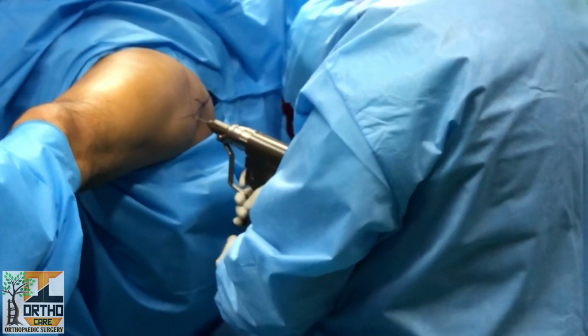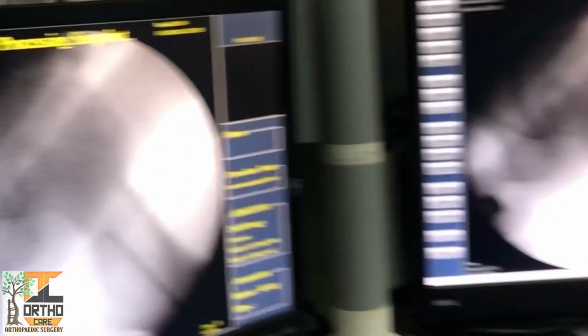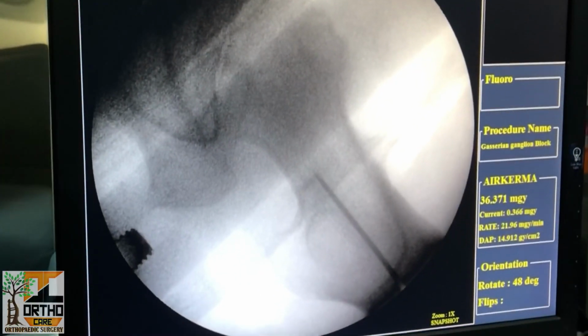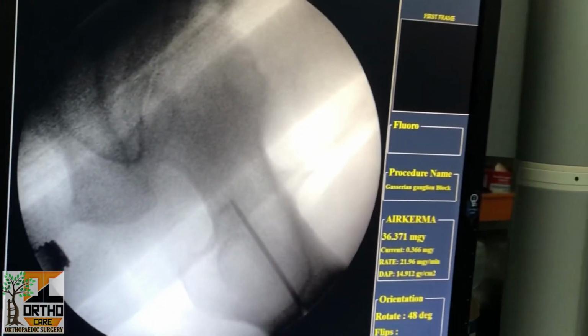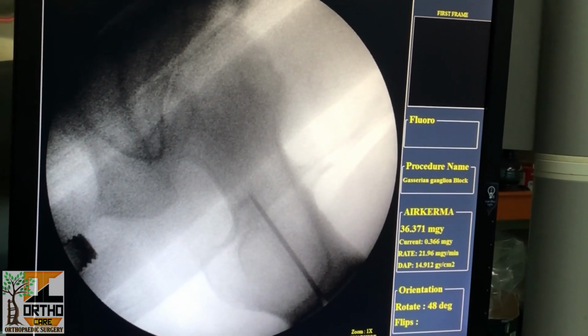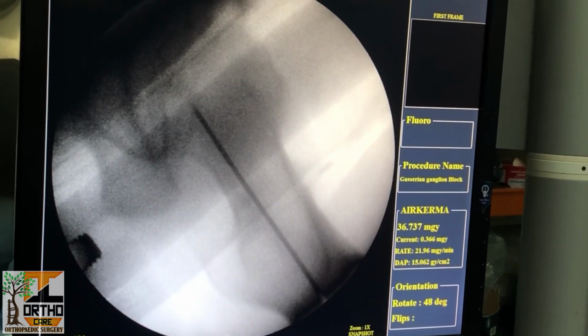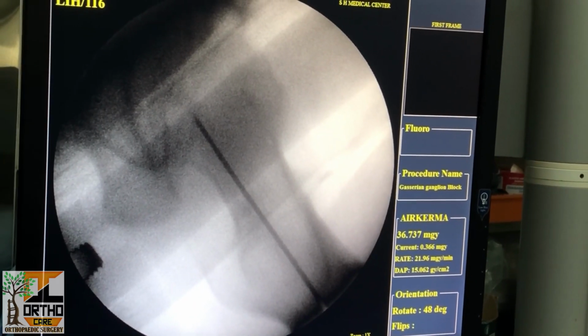So lateral view is always to proceed to the head until subchondral region we need to proceed it. So slowly proceed in forward direction. So after reaching the subchondral region, stop.